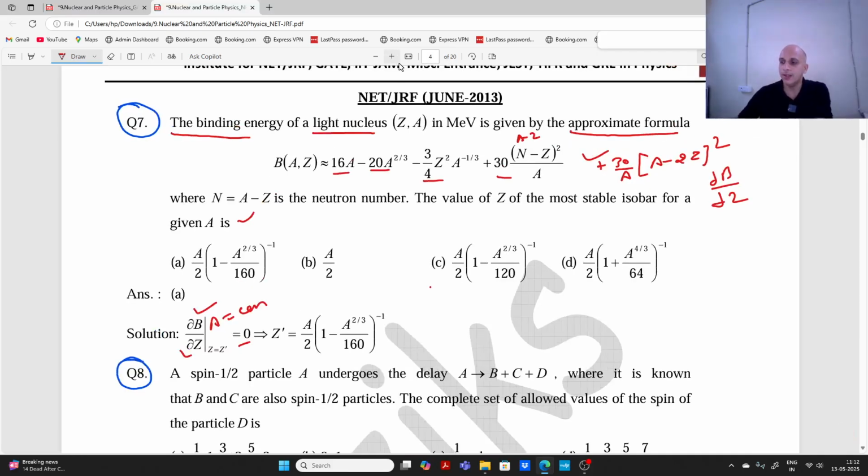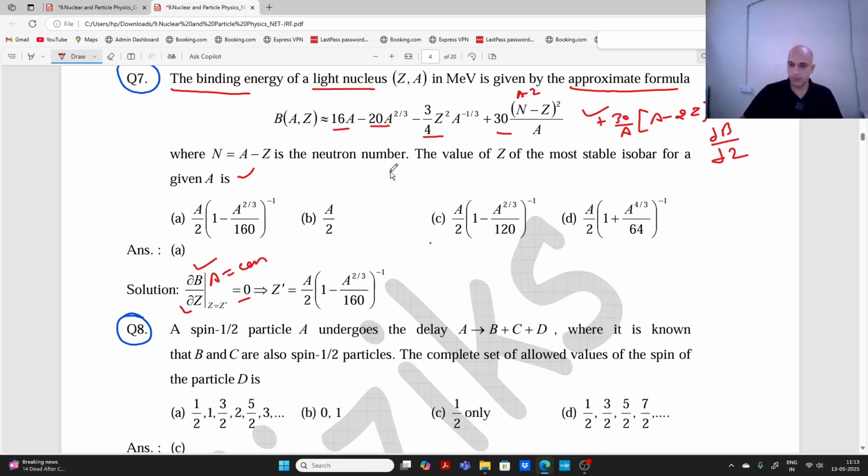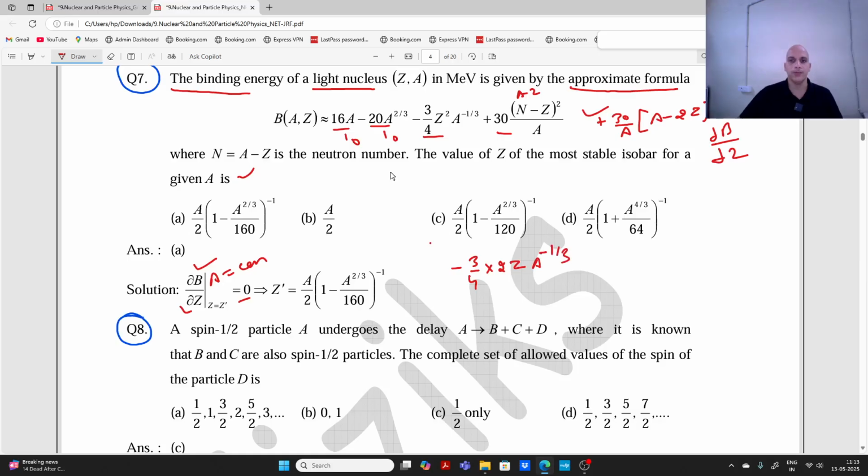When I take the differentiation, the first term is 0, second term 0, both are constant. Minus 3/4 into 2Z A power minus 1 by 3, plus 30 divided by A into (A minus 2Z) square.